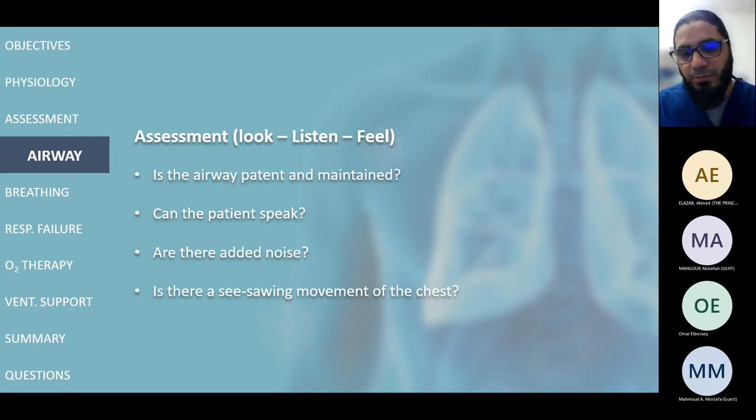Normally, in normal breathing, the chest will rise and the abdomen will rise in inhalation, and they will go down with exhalation. In an obstructed airway, when the patient tries to inhale, the chest will go down in a paradoxical movement, and the abdomen will go up. And then when he's trying to exhale, the opposite will happen, and it will give a pattern of a seesawing movement.